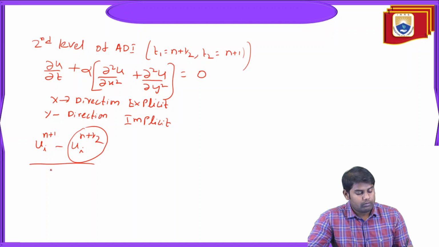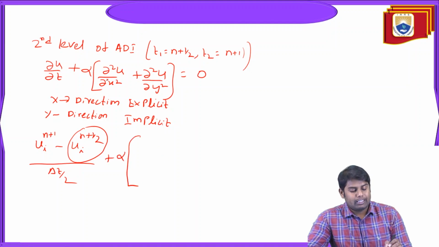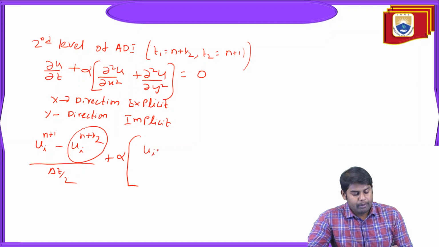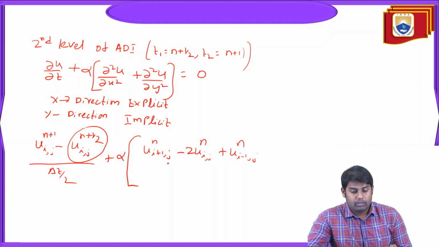Divided by delta t by tau. Plus alpha into, so this is explicit, u of i plus 1, j to the power of n minus 2u of i, j to the power of n plus u of i minus 1, j to the power of n, divided by delta x square.